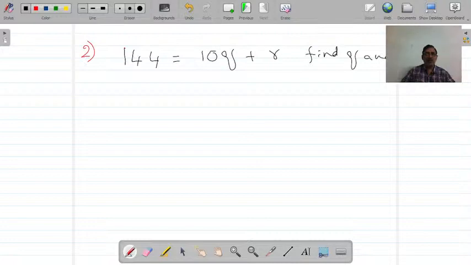I am waiting for your answer. You solve this problem and simply find the values of Q and R. Q is how much and R is how much?